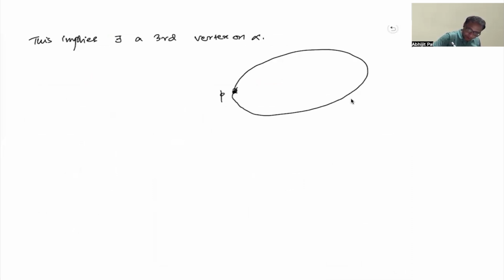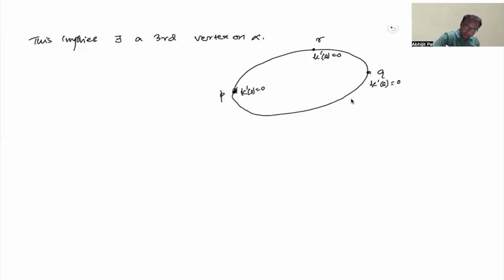Suppose this is my point P and this is my Q, and I have another vertex which is my R. So this PQR will break this alpha into 3 segments. And again here the derivative is equal to 0, here the derivative is equal to 0, and here the derivative is equal to 0.